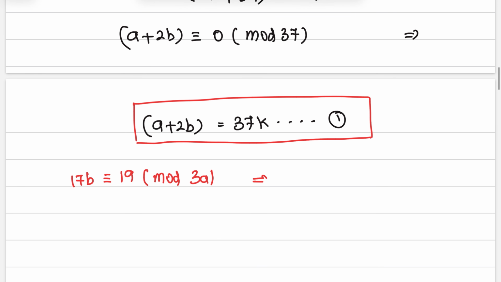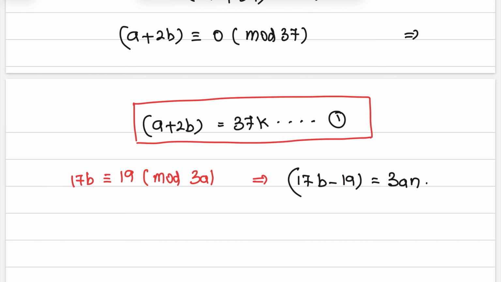That implies 17B minus 19 is divisible by 3A. Here the mod value is not given; some variable is given in the form like 3A. That means 17B minus 19 is equal to 3A into some value n, some constant.